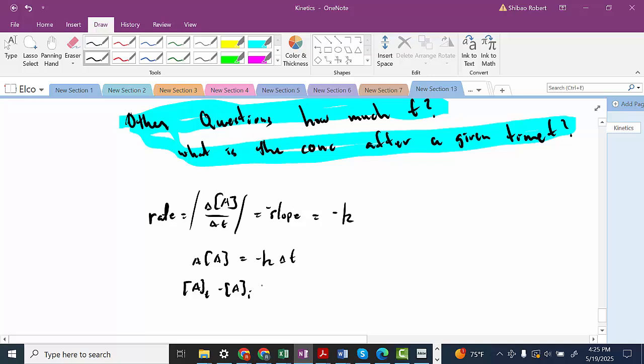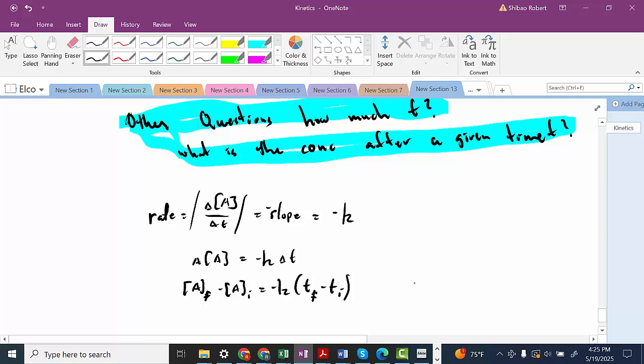And this is going to equal minus K. Delta T is going to be T at time T minus T at time initial. So in other words, it's final minus initial. Maybe I should use that instead. There, minus initial. Might make it a bit better.